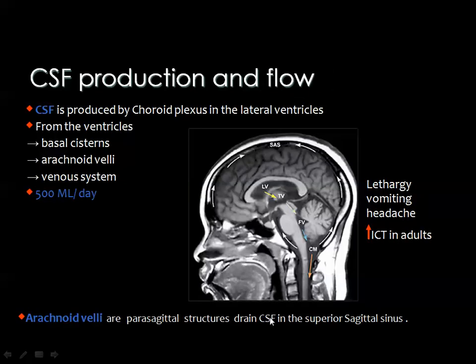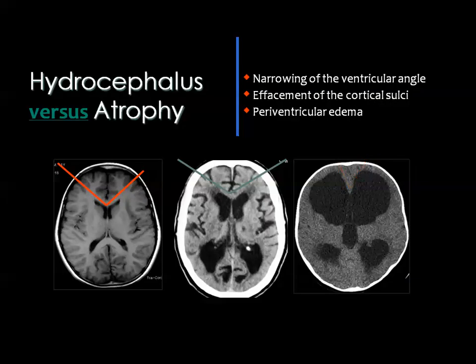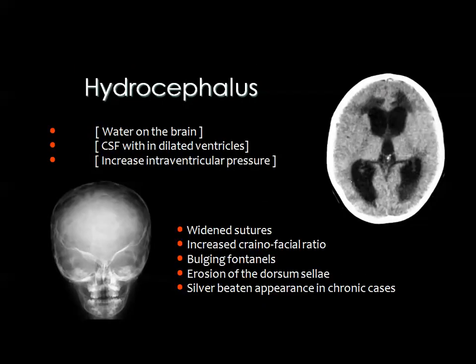But if the ventricles are dilated and the cortical sulci are not dilated, as you can see in this case, where the ventricles are dilated and the cortical sulci are effaced or lost, this means that you are dealing with hydrocephalus.